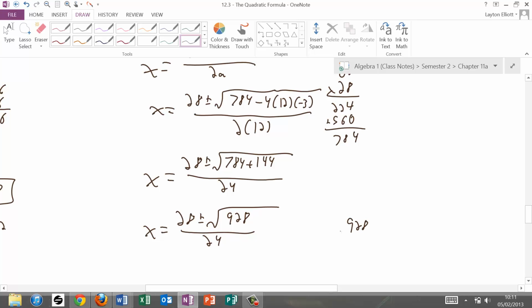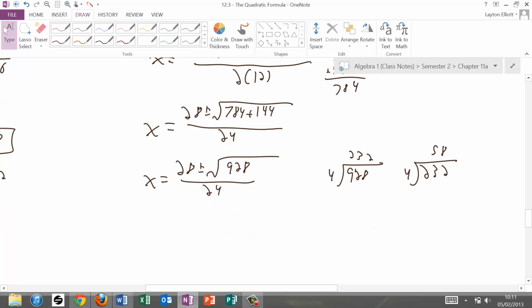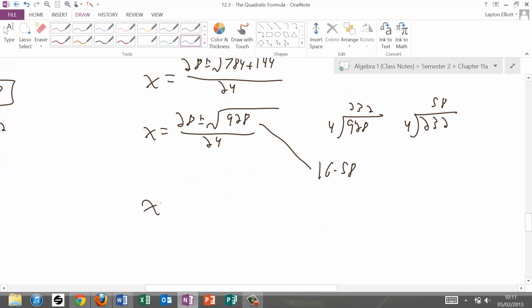Let's take 928 divided by 4. You get 232. Let's take 232 and divide it by 4. And I get 58 because I did that before. So really what it comes down to is 928 is 16 times 58. So I get x is equal to 28 plus or minus 4 radical 58 over 24.